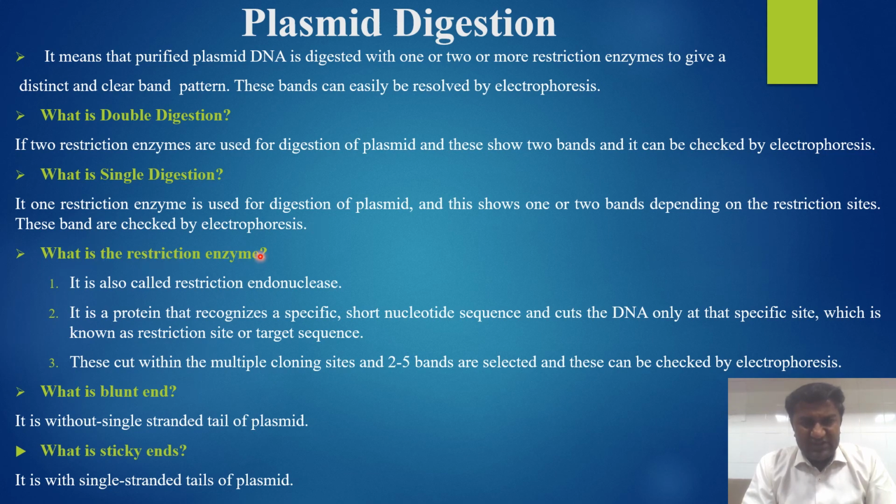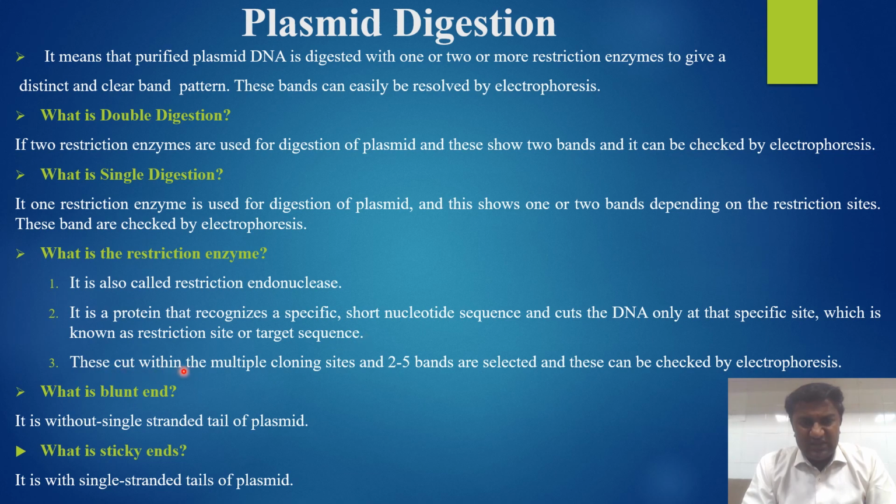What is the restriction enzyme? It is also called restriction endonuclease. It is a protein that recognizes a specific short nucleotide sequence and cuts the DNA only at the specific site, which is known as a restriction site or target sequence.